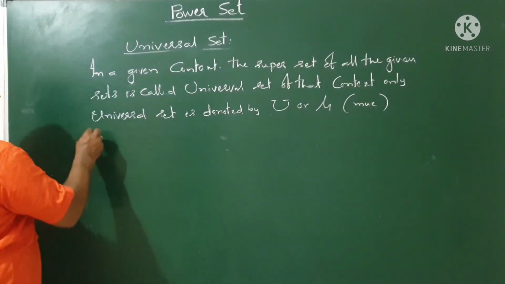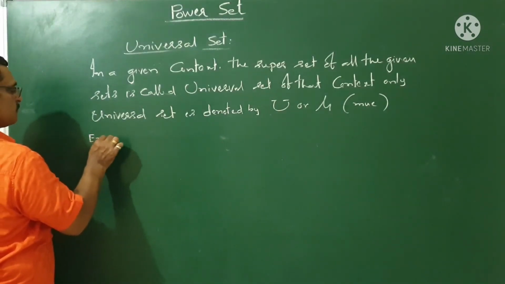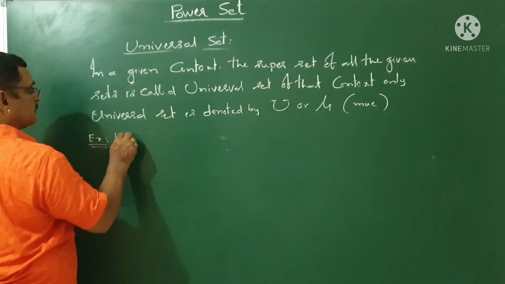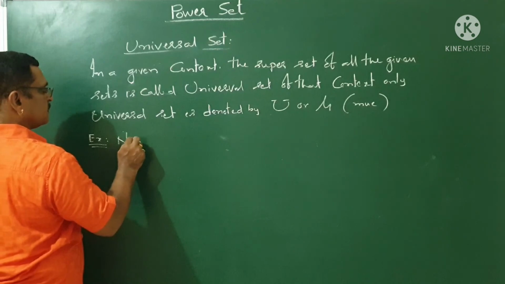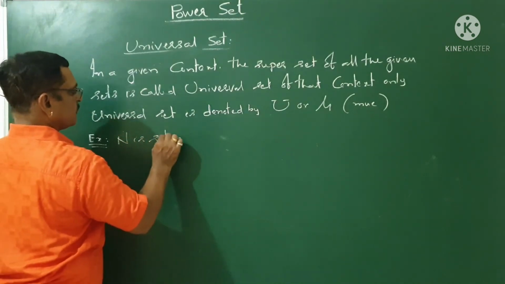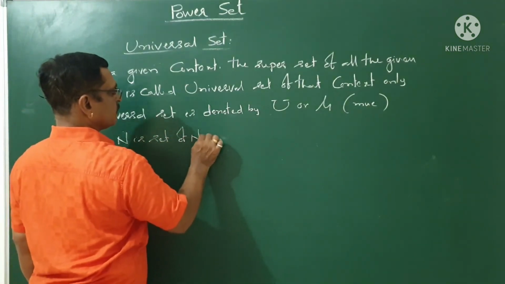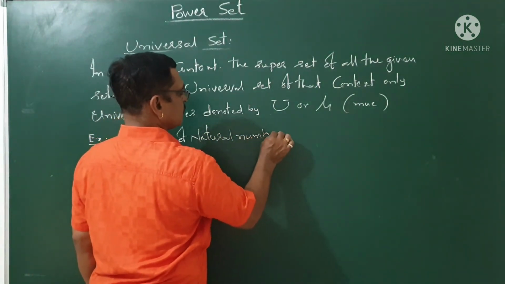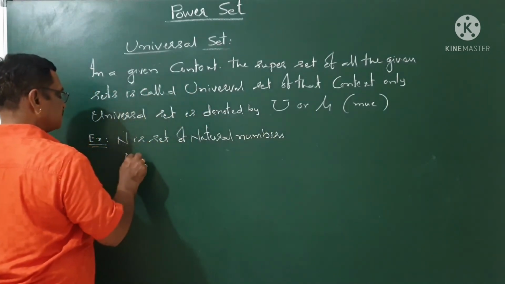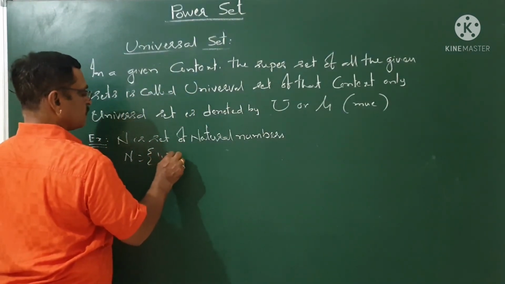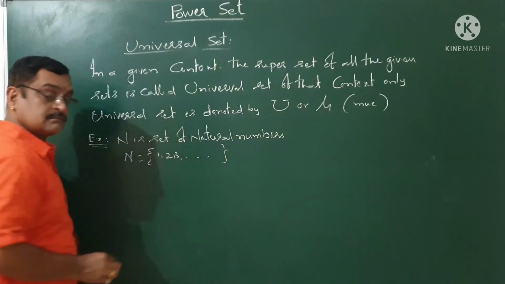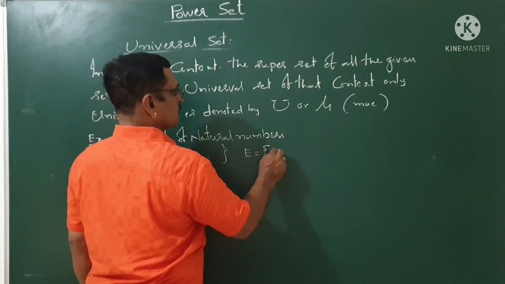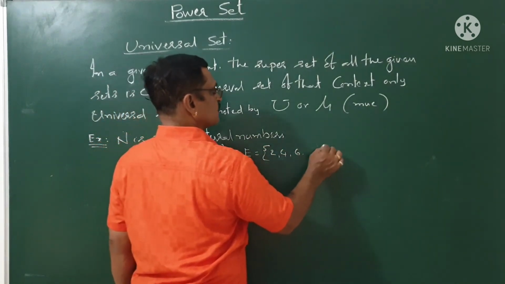Example. Let N be the set of natural numbers. Therefore, capital N is equal to 1, 2, 3 and so on. Even numbers, set of even numbers: 2, 4, 6 and so on.